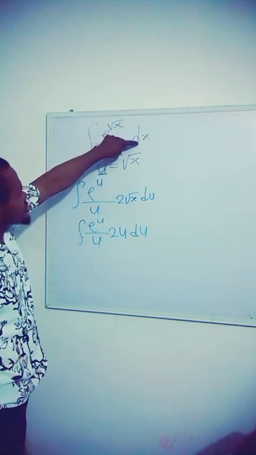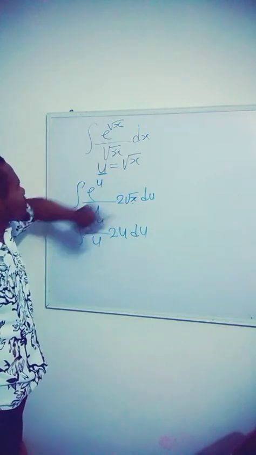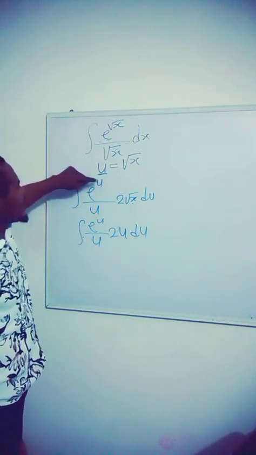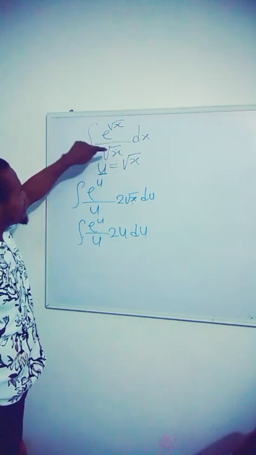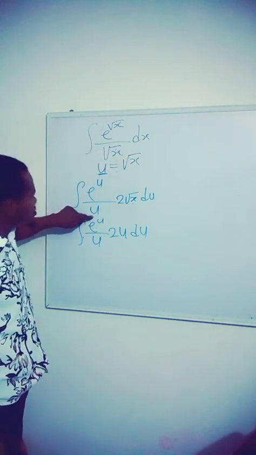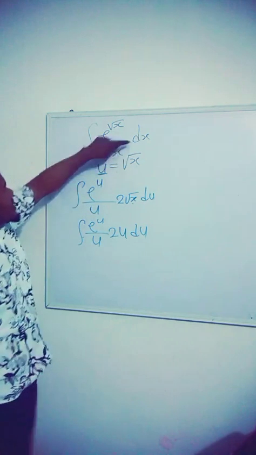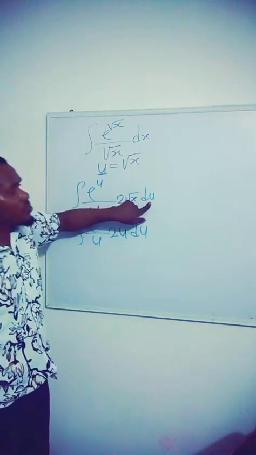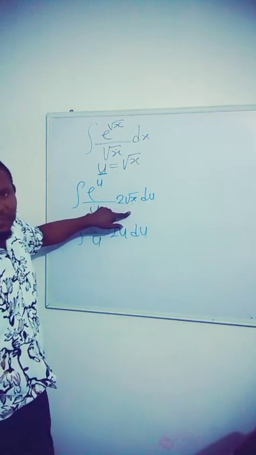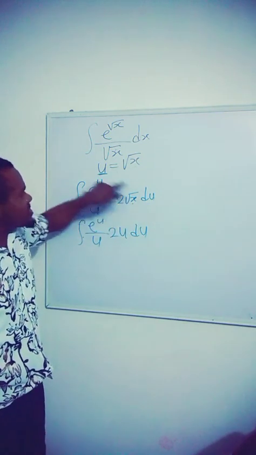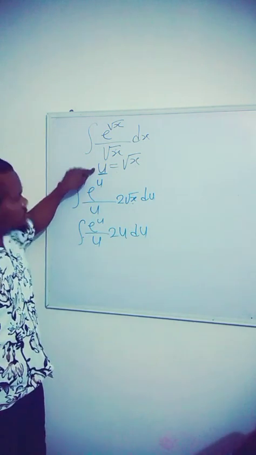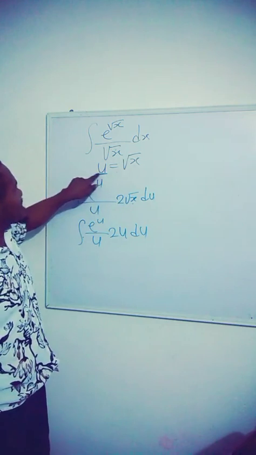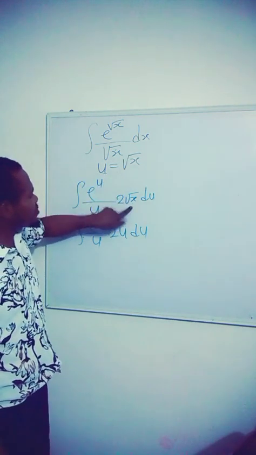That's where we got the 2 root x from. Now we said this is u, so instead of root x, I wrote u. Instead of root x, I wrote u. Then we now know that dx is 2 root x du. All I'm trying to do is to eliminate x, because I'm going to be integrating with respect to du. Now this is 2 root x. Instead of writing root x, I have already said let u equals root x.